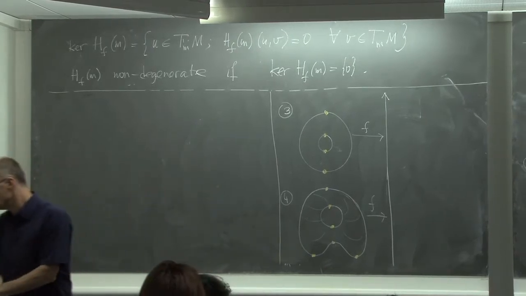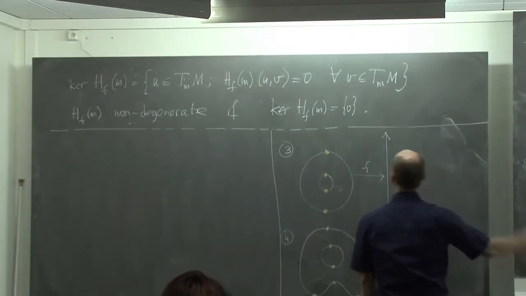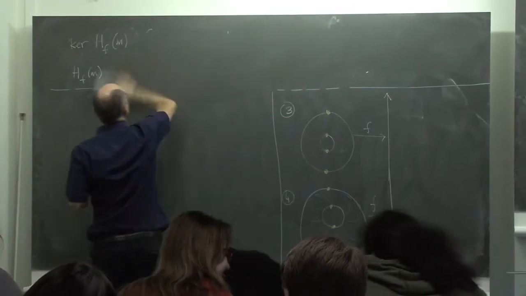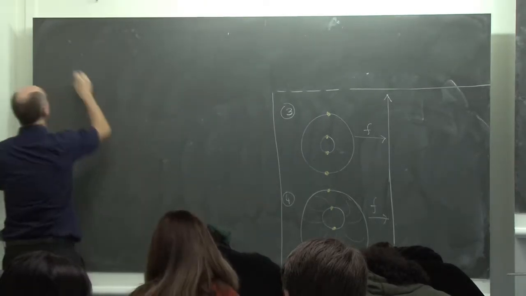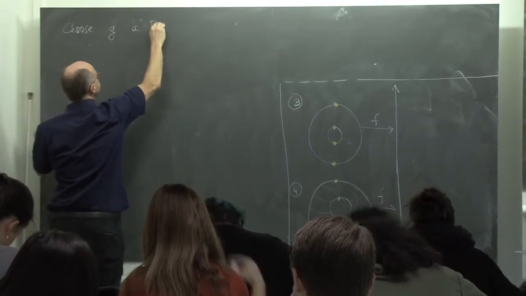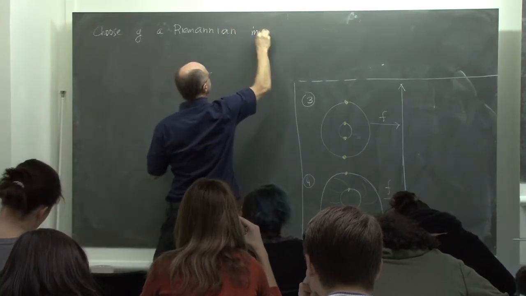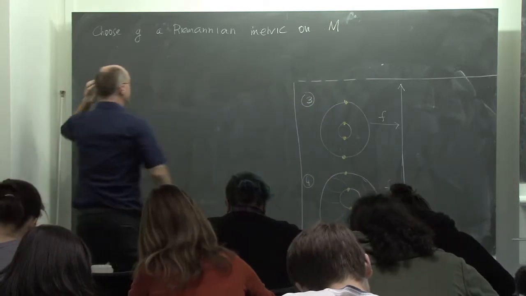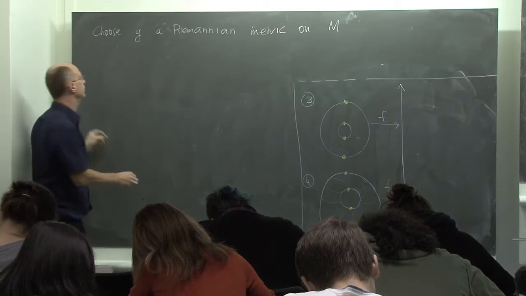So now let's develop our theory a little bit. And let's choose g, a Riemannian metric on M. Then one can do the following.